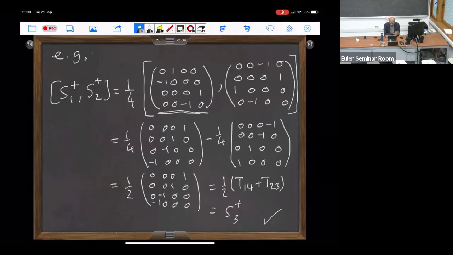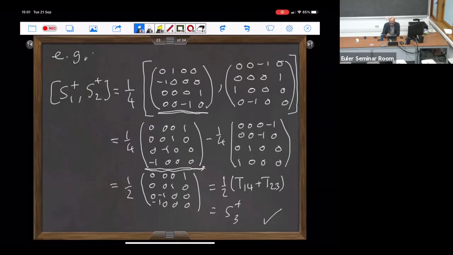So if I multiply S1 with S2, I get this matrix here. So you can see, for example, this one comes from multiplying this one with this one, and so on.